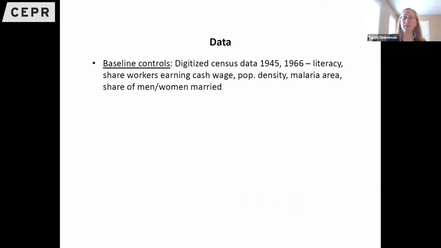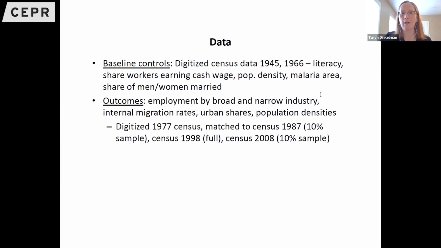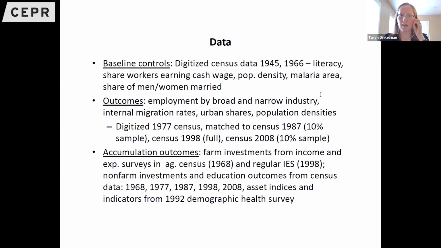And then we combined that information with baseline controls from digitized census data from the 1940s and 1960s. We collected a bunch of other outcomes from later census years, including urban shares and population densities. And then we put together a series of information on accumulation outcomes from agricultural census data, regular income expenditure survey data, and then some DHS data, which I'm not going to have time to show you today.